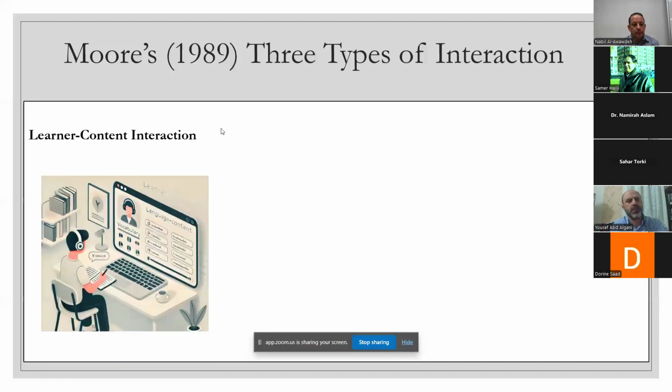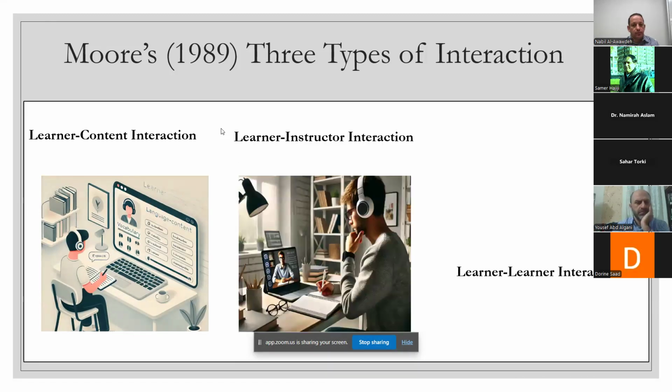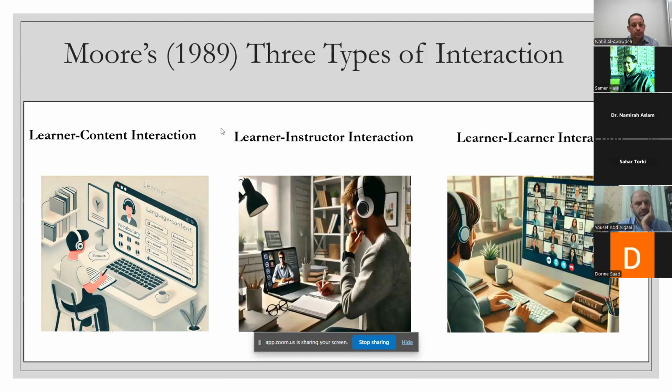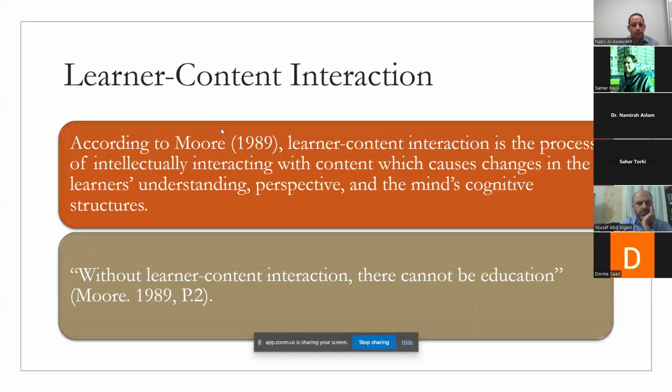Well, as I said, there are three types of interaction: learner-content, learner-instructor, and learner-learner. Learner-content interaction is between a student and the content of the course. The content could be PDFs, books, videos, PowerPoint slides, presentations, podcasts, and other tools like this.